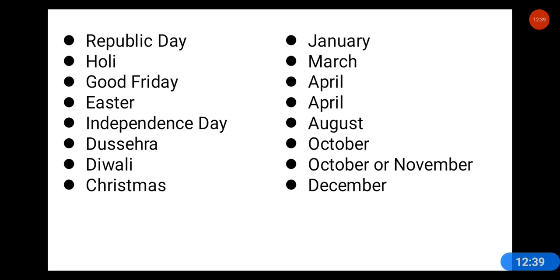Diwali sometimes falls in October or November, mostly in November. Christmas always falls in December, on December 25th, right? So these are the months. Now you have to draw the timeline for each. Let me show you.